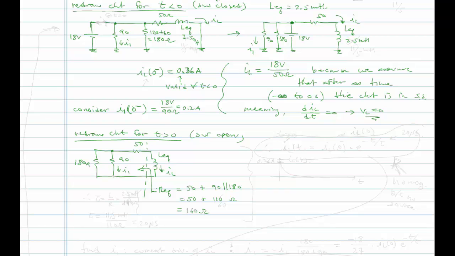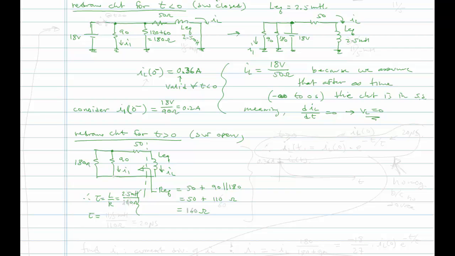So from this we can write that tau is equal to L over R, which will be equal to, let's see, 2.5 millihenry divided by 160 ohms. So tau will be equal to, let me do some math here.